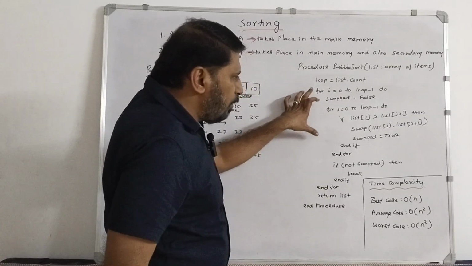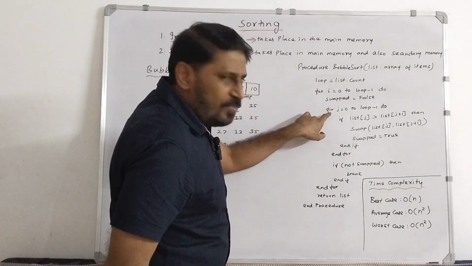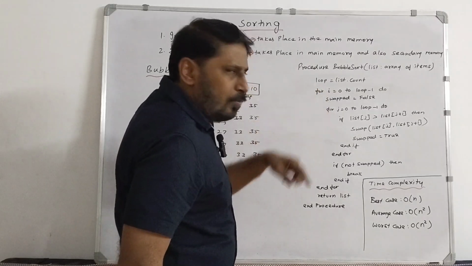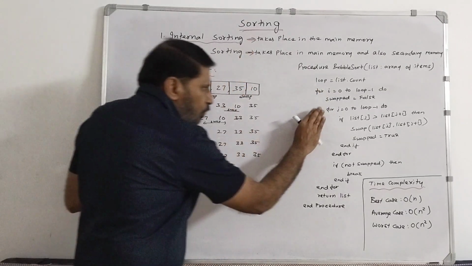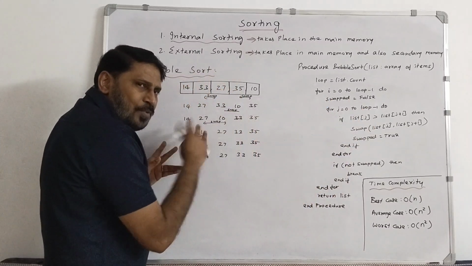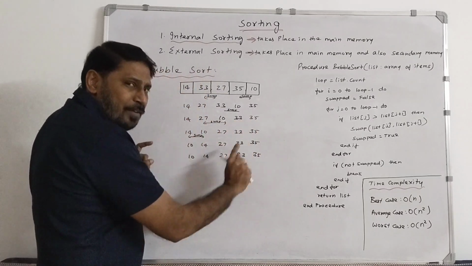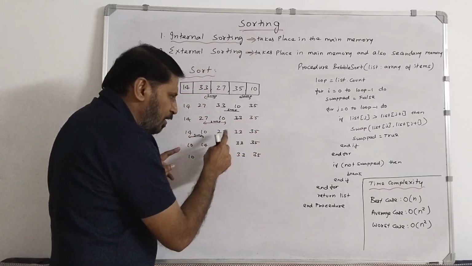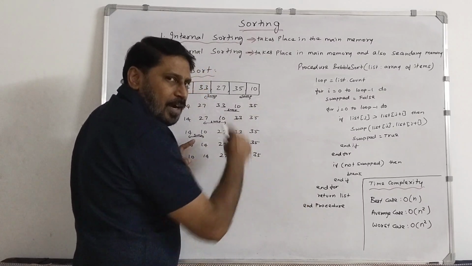Then we are using two for loops here. The first for loop is I and the inner for loop is j. Why two for loops? The j for loop does the comparison and swapping, whereas the I for loop is for the number of iterations. Whenever swapping takes place, it comes again to another iteration.